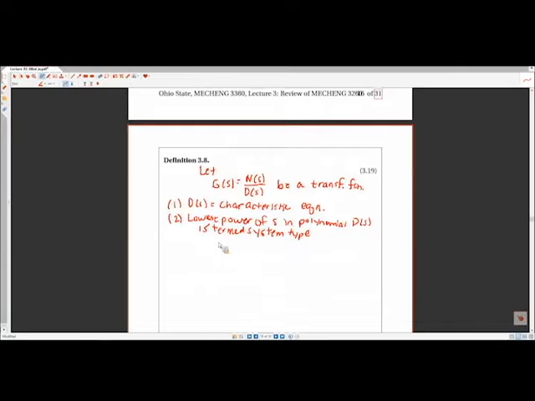So as an example transfer function, let's say G of S is equal to beta sub 3 S cubed plus beta sub 2 S squared plus beta sub 1 S plus beta sub naught, divided by S squared times alpha sub 3 S cubed plus alpha sub 2 S squared plus alpha sub 1 S plus alpha naught.